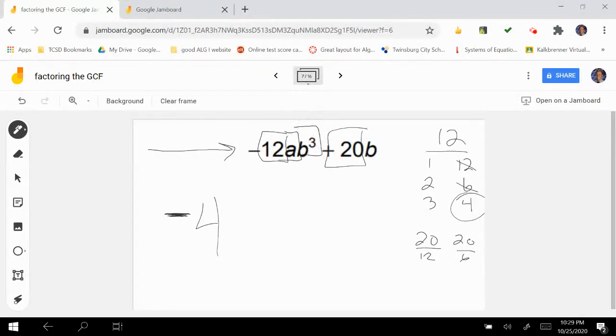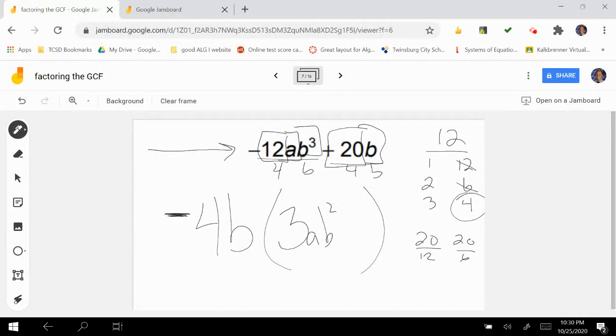This has B times B times B, or 3 B's. And then this has 1 B. So we know that we are going to get 1 B in common. And now what's left? Negative, 12 divided by 4 is 3, A, B squared.